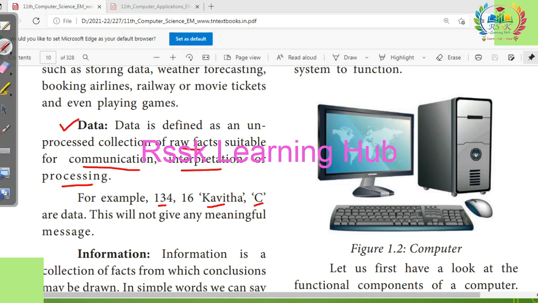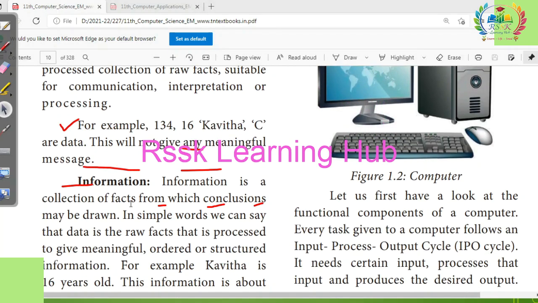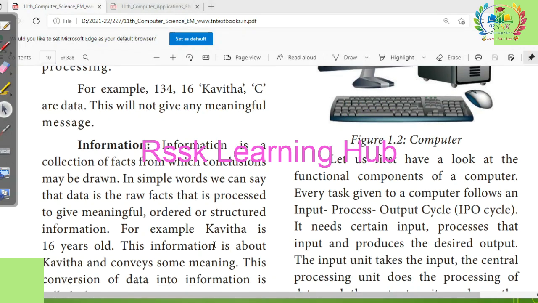Now coming to information, information is the collection of facts from which a conclusion may be drawn. For the same example, Kavita is 16 years old. From this data you may collect the information.